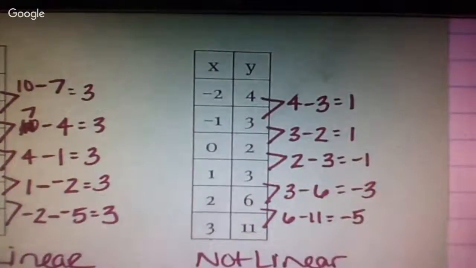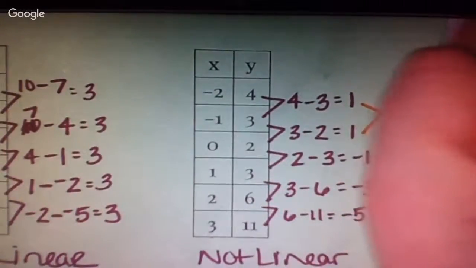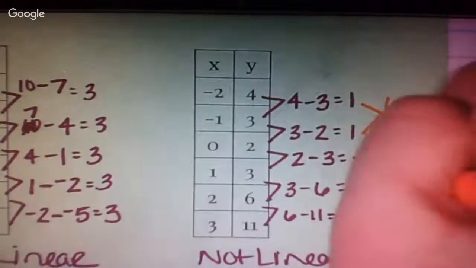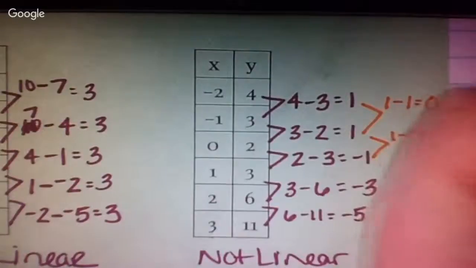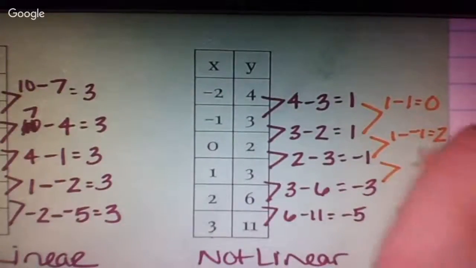To find out if it's a quadratic, we're going to do that one more time. So I'm now going to do what's 1 minus 1? 0. What's 1 minus -1? 2. What's -1 minus -3?